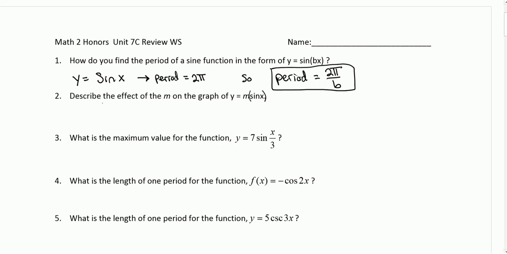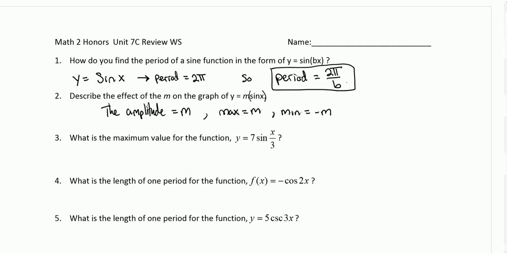So the amplitude will equal m, which means the maximum value is m and the minimum value will be -m. Could be a fraction, could be an integer, whatever m is.